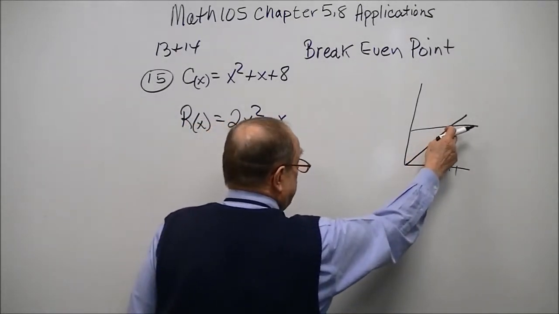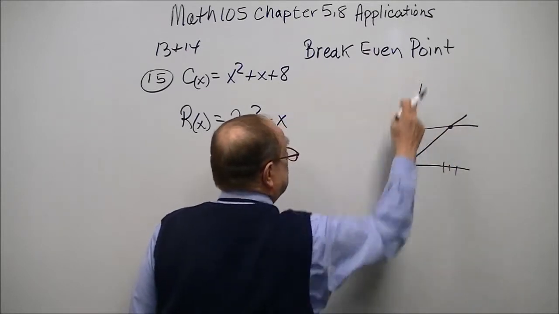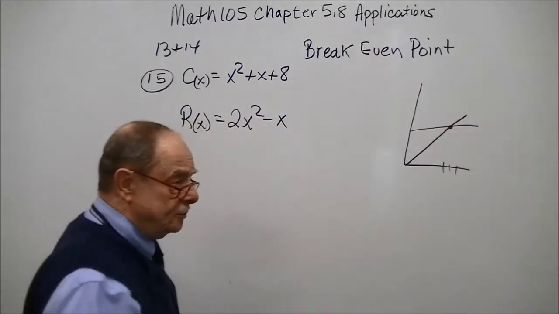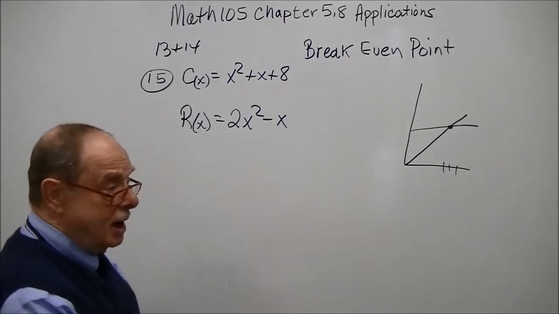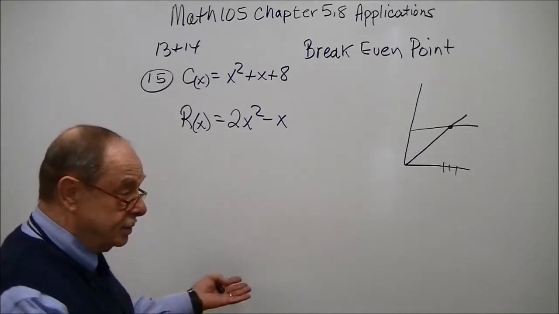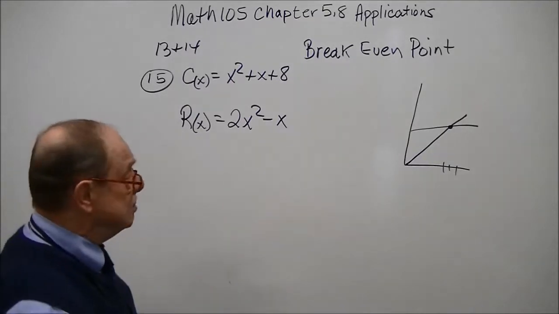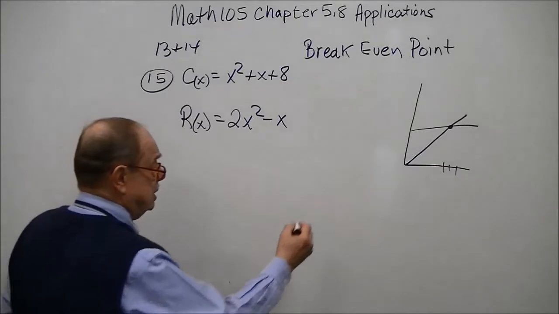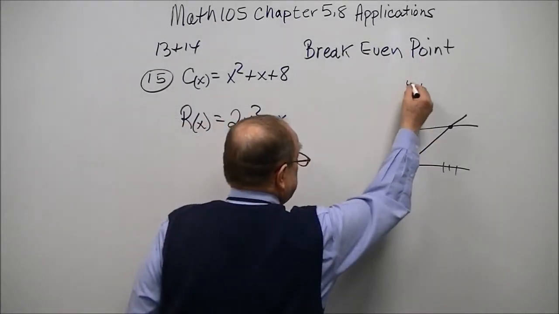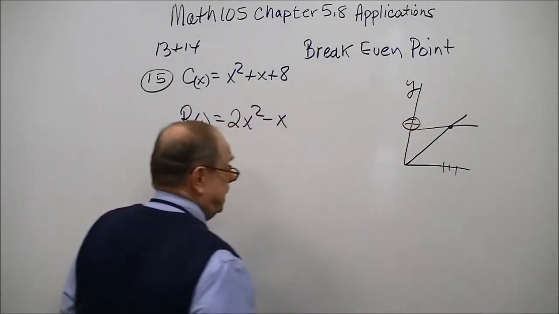But this point right here is your break-even point, where you've made enough money to pay for the cost and the production of this thing. You've taken in that money. And what we're looking for here is some point on the y scale.